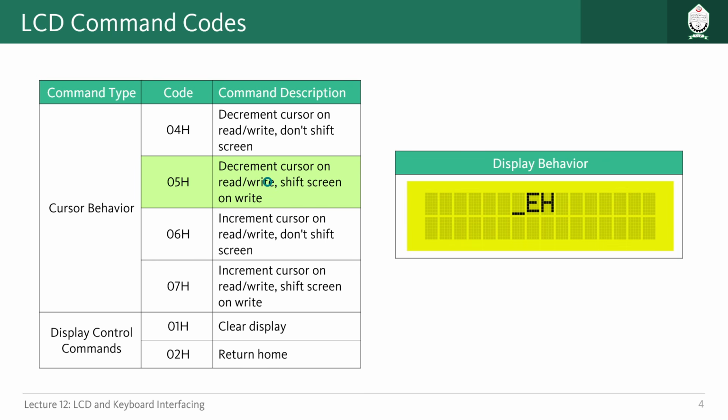And the third one is the one we're going to use in most of the cases, or in all of the cases: increment cursor on read write and don't shift screen. So you see, the screen is not shifted, but each time you are writing something, the cursor increments its position to the right. Then for the next one, the display will also shift.